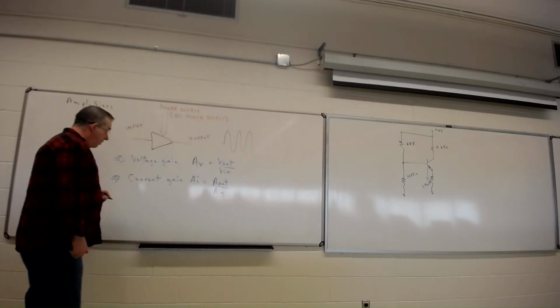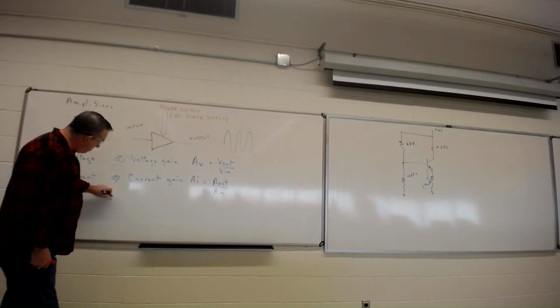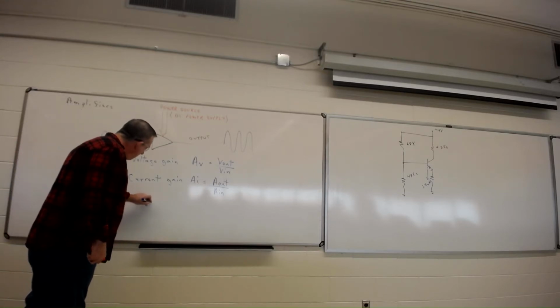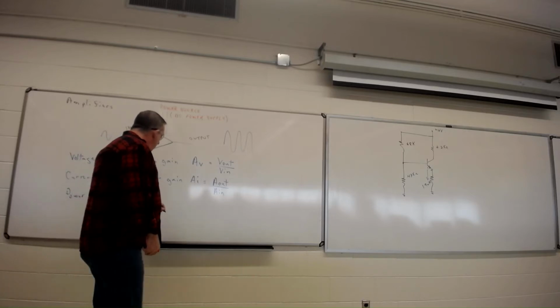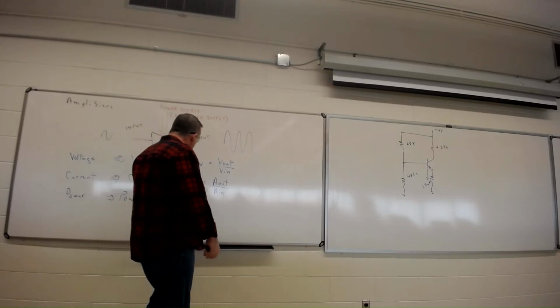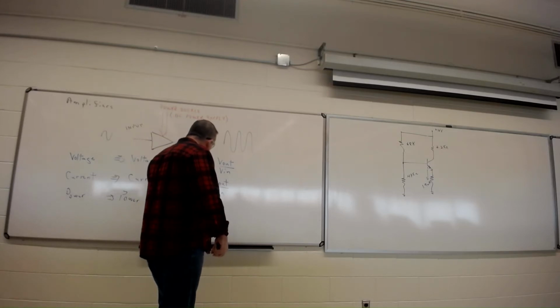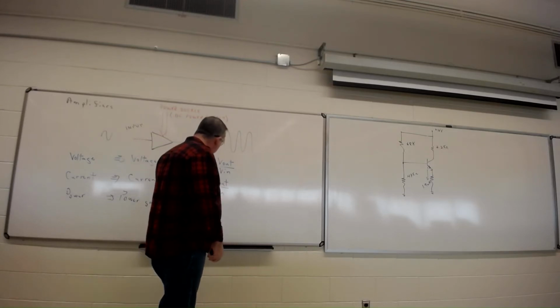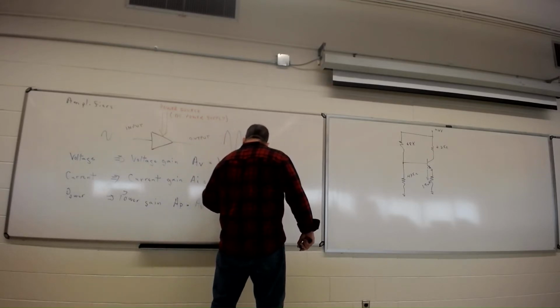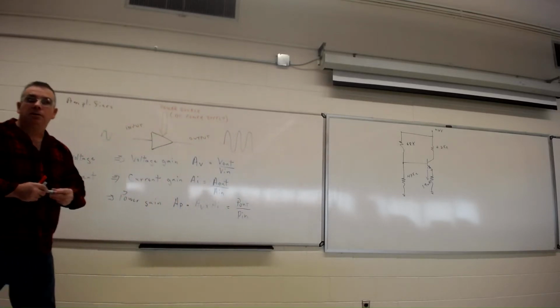And when we have a power gain, that'll be AP. The AP is actually a factor of the voltage gain times the current gain, and that will be power out over power in. Okay?